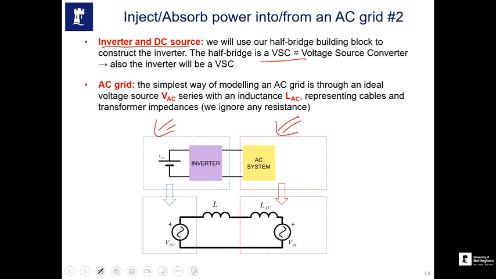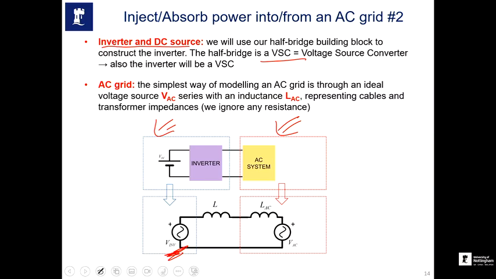The high frequency came from the switching, and we used an inductor to filter it out. So because it's a VSC, we can use a voltage source, shown here. The difference from previous voltage sources is that this voltage source is AC instead of DC, because we want to generate an AC output from the voltage source converter.